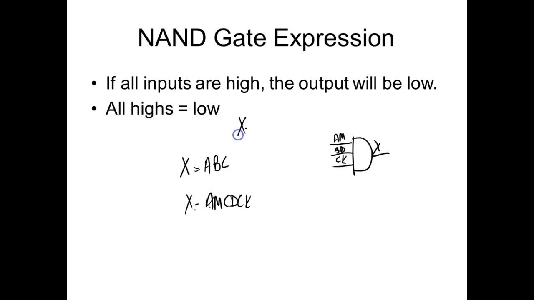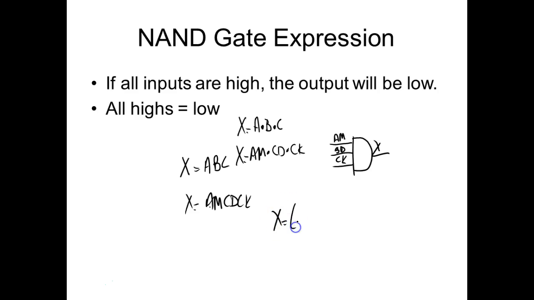So the more correct way would be X is equal to A AND B AND C, so you know they're individual inputs. Down here, X is equal to AM AND BD AND CK. Now that makes sense.